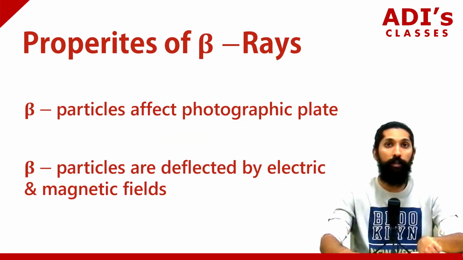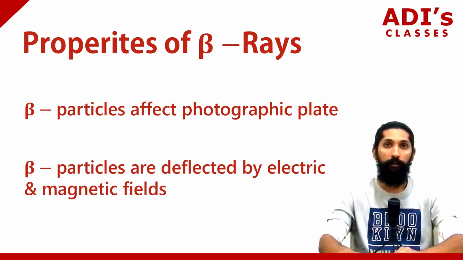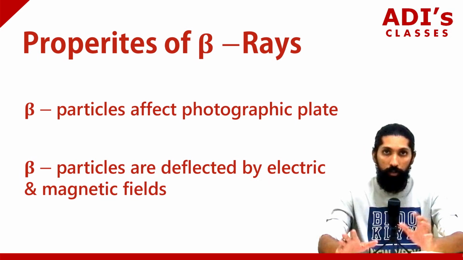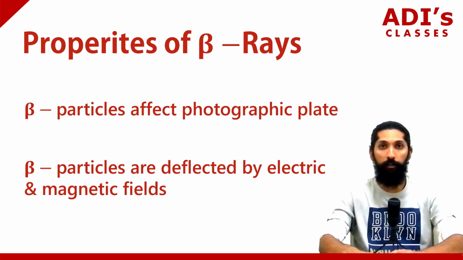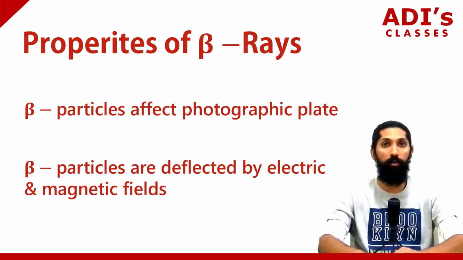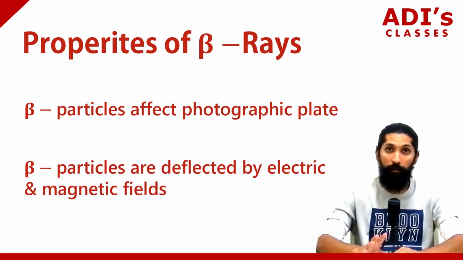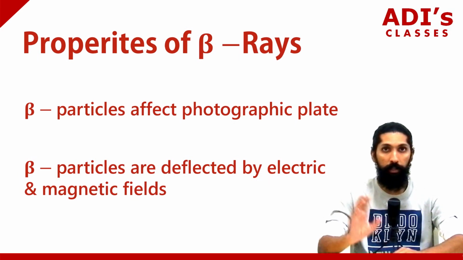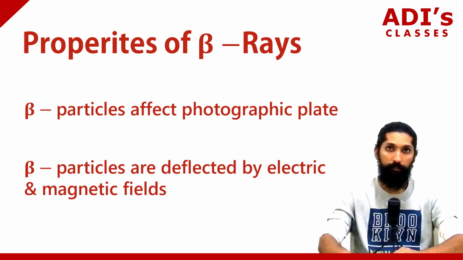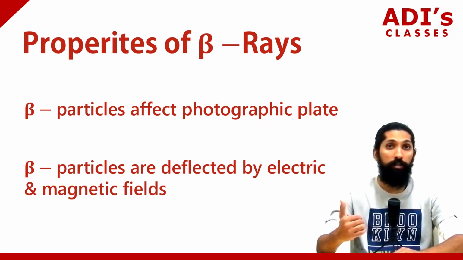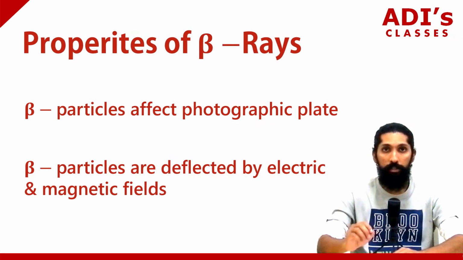These also are affected by both electric and magnetic fields. So these are some of the properties of beta particles, or beta rays you can call them. Please memorize any four properties of beta particles or beta rays. Let's move on to the next one, which is the gamma ray.